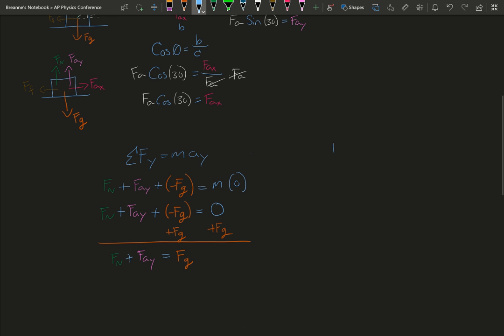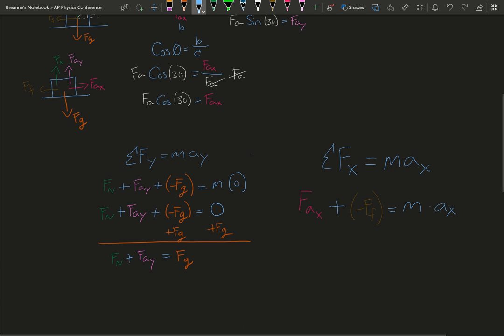So now let's look at our net forces, our forces in the x direction. So what forces are in the x direction? So we have a force applied in the x direction, which is positive because it's going to the right, plus a force of friction, which is negative because it's going to the left, equals our mass times our acceleration in the x.